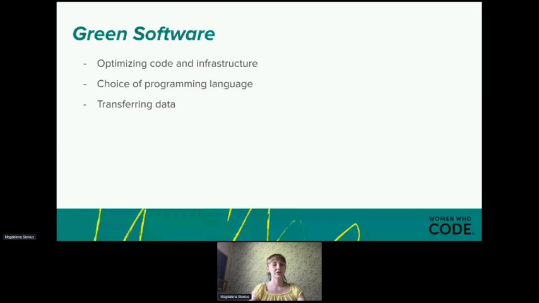And then there is also the topic of transferring data. If you have a website, one of the ways of measuring a website's carbon footprint is to measure the size of the files being sent over and then measure how many users are visiting your page during the day.